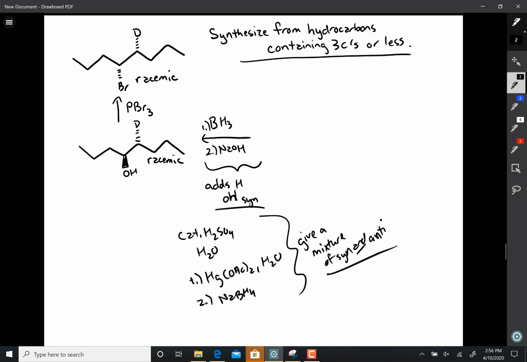So a way of cutting down on the number of diastereomers you make is simply by using hydroboration.